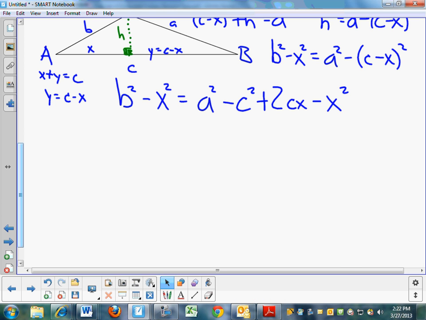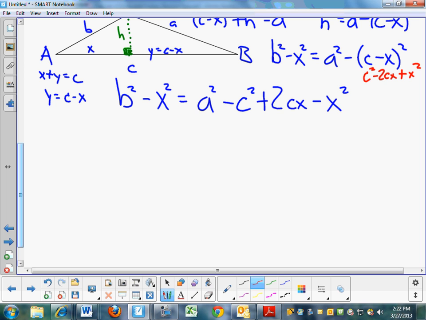So if I take c minus x and I square it out, I get c squared minus 2cx plus x squared. If I FOIL that out, that's what I'm going to get. And I got to distribute my negative sign through, and I get negative c squared plus 2cx minus x squared. Piece of cake?